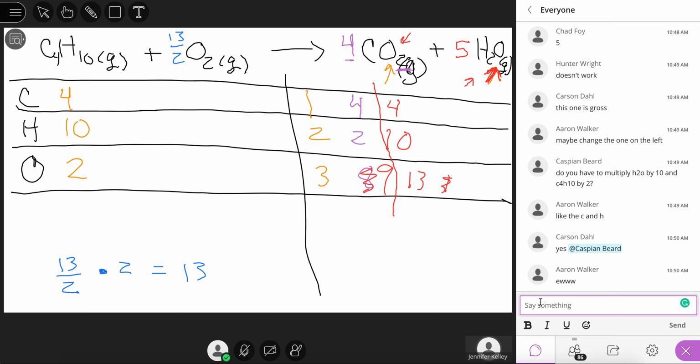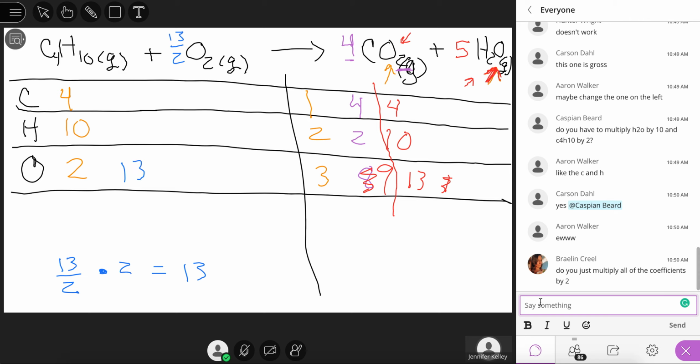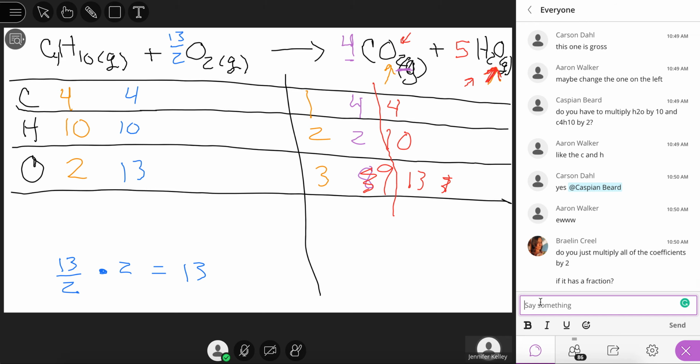That's going to cause 13 over 2 times 2 to be 13, and this is still 10, and this is still 4. So now they balance nicely, but you can't have a fraction, right? Exactly. So Braylon is correct. You're just going to multiply all of these coefficients now by 2 in order to get rid of that fraction.